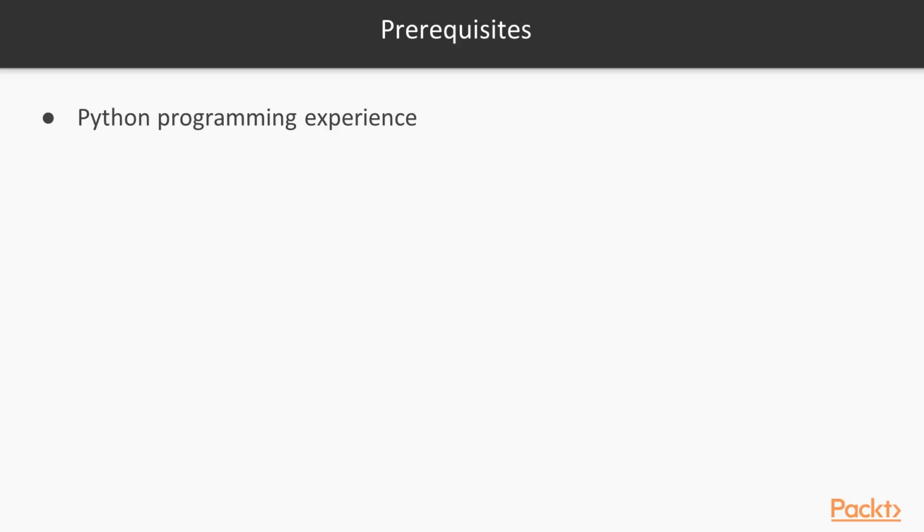So the only thing that you need is some basic Python experience. And of course, if you have machine learning knowledge or experience, that's a big plus, but I don't assume that throughout this course, and I do my best to introduce everything from the ground up as much as I can in the time that we have in this course.